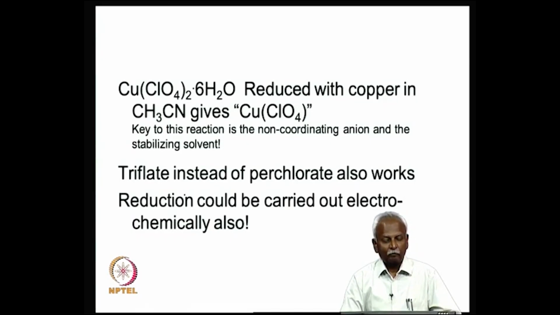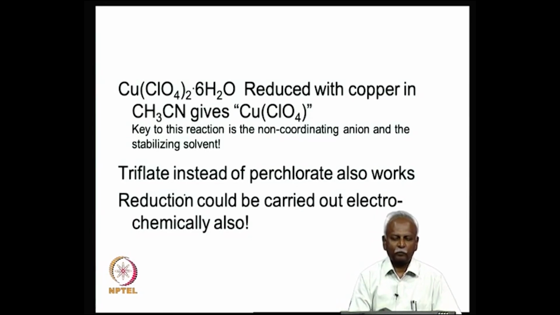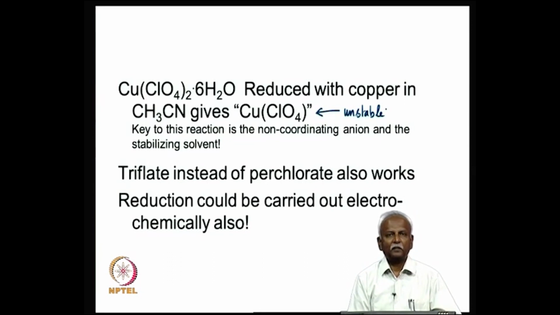So, it is possible to make copper perchlorate, which is in the +1 oxidation state, which I have put within quotes, because this itself is an unstable system. It is only stable if acetonitrile is also present in the medium.